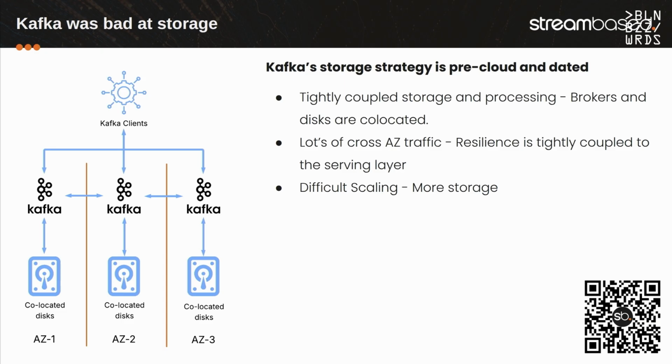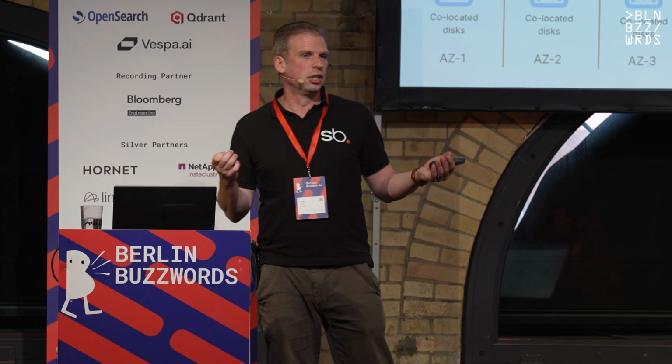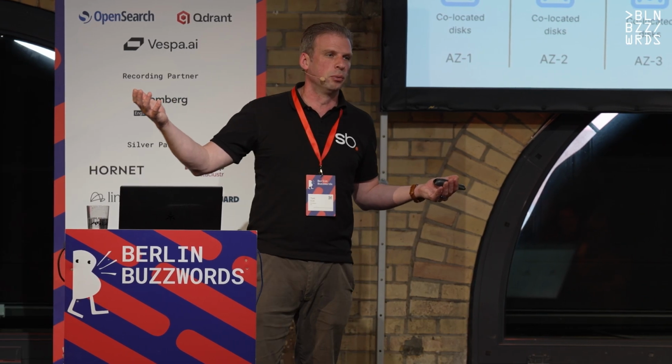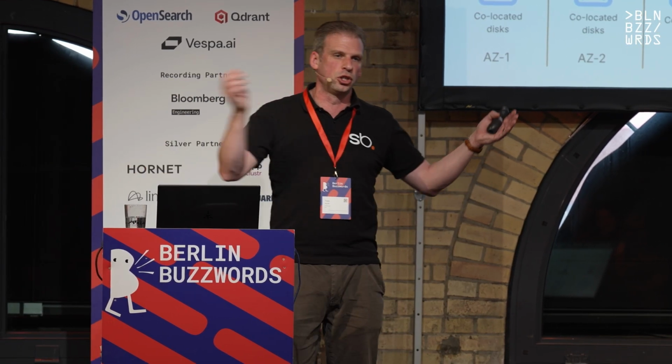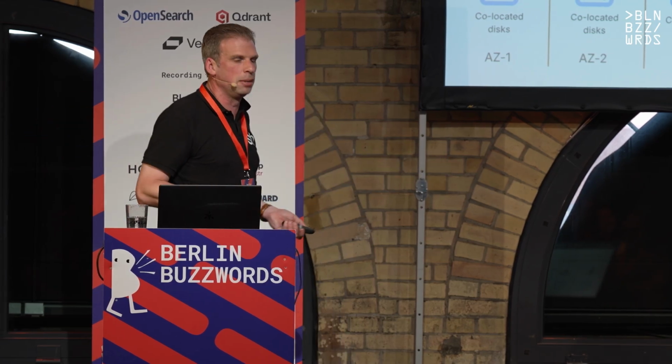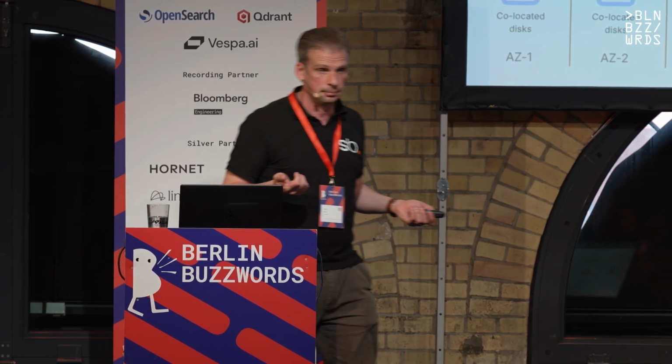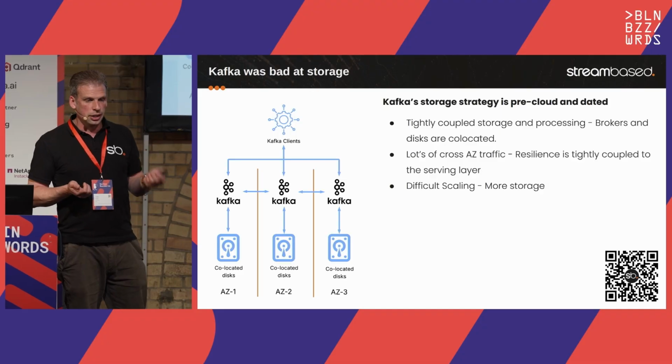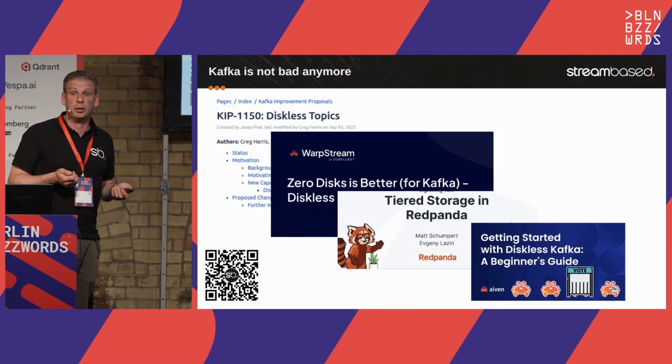So I think the world needs to move on a little bit. Even more important in an operational environment is that this doesn't make scaling easy. Any of you that's ever added a broker to a Kafka cluster will know that before it can become useful, you've got to ship all the partitions over from one to another. If you had a better storage scheme, you could probably just make that instantly available. The good news is, it's not bad at it anymore.